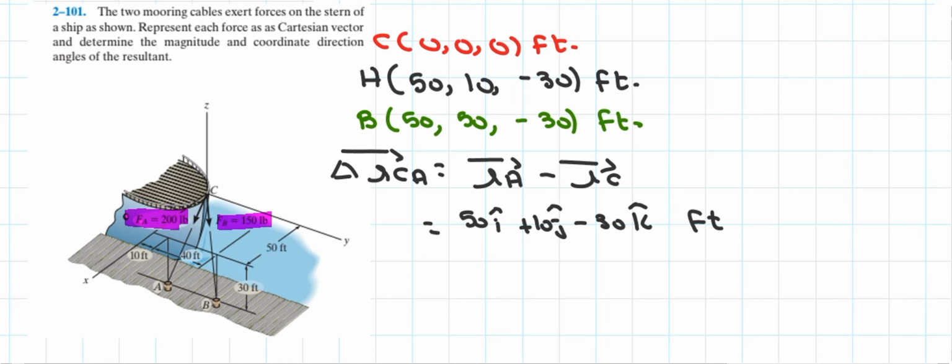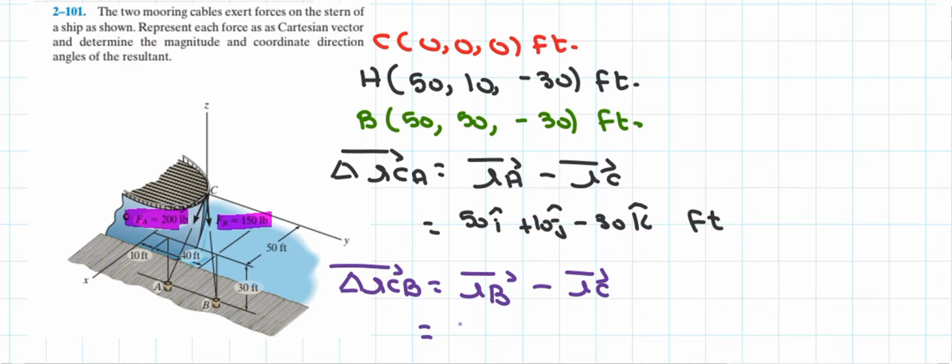Now, what about the position vector of RCB? It will become RCB, which is equal to RB minus RC. RB is 50i plus 50j minus 30k foot. This is the position vector RCB. Now, what about the magnitude?